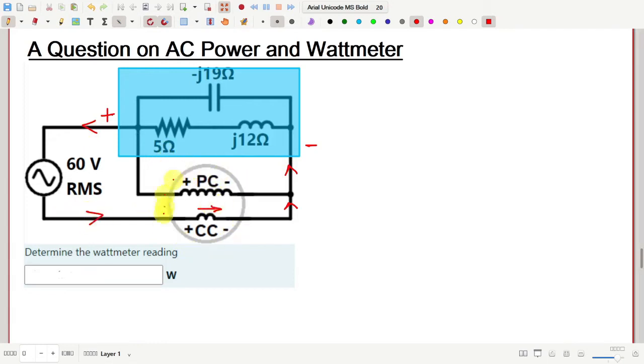So the wattmeter is measuring the time average of the product of the voltage of the left side of the load with respect to the right side multiplied by the current that is flowing from right to left side of the load. Okay, so let me write.